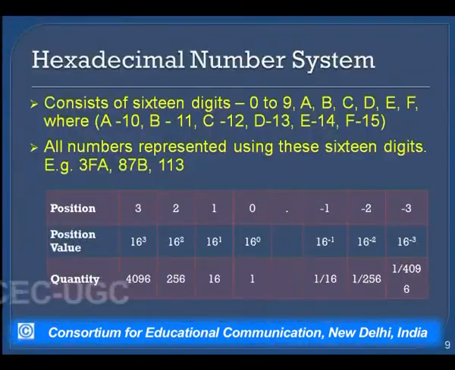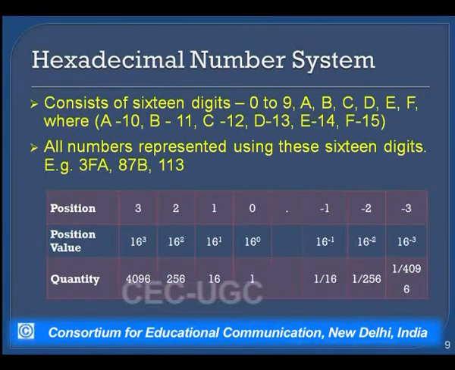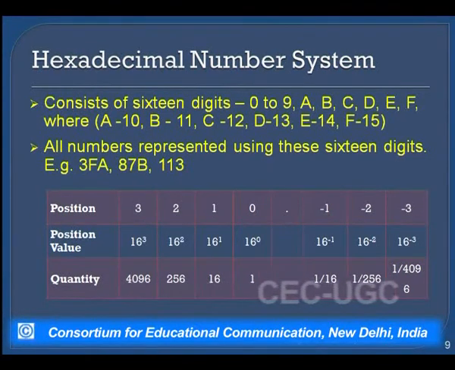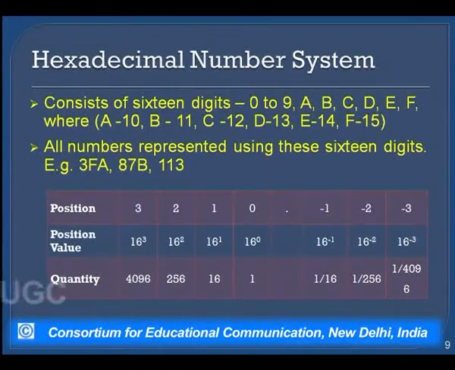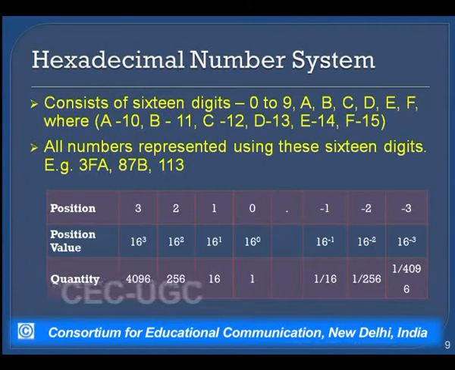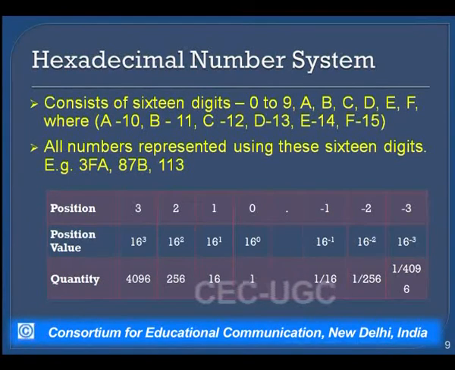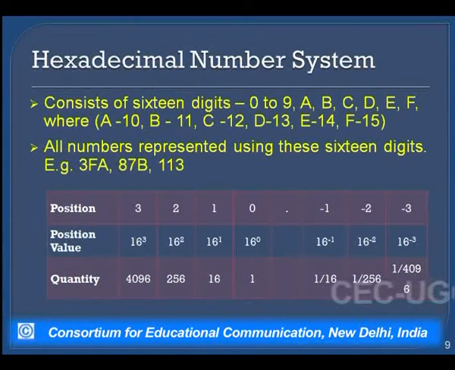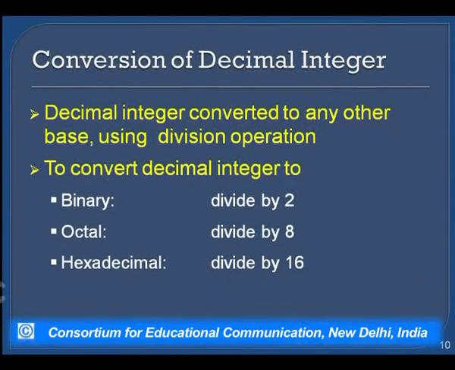So the 16 numbers are 0 to 15, where 0 to 9 are the digits and 10 to 15 are the letters A to F. Again the position value is 16 to the power of 0, 1, 2 or 16 to the power of -1, -2 and -3.